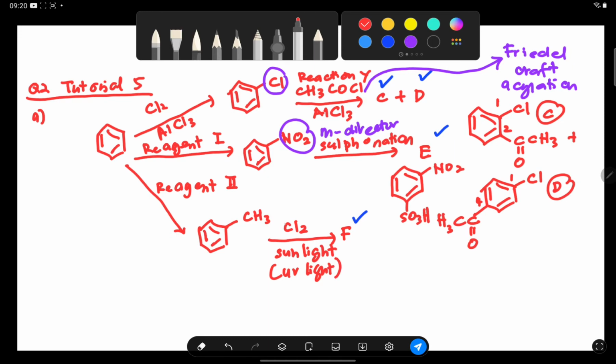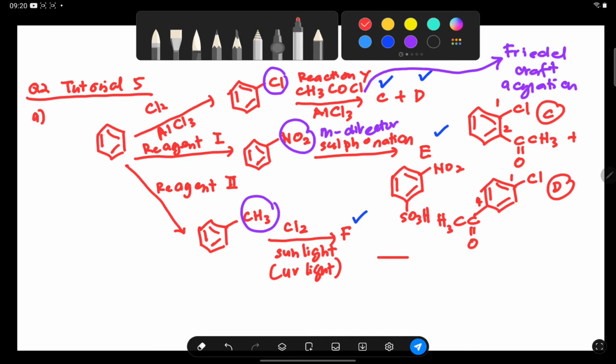Normally when it states the reagent Cl2 in the presence of sunlight or UV light, it is referring to the reaction at the side chain. It only happens at the side chain, which is at the substituent, not on the benzene ring itself. So this involves radical halogenation on the side chain.